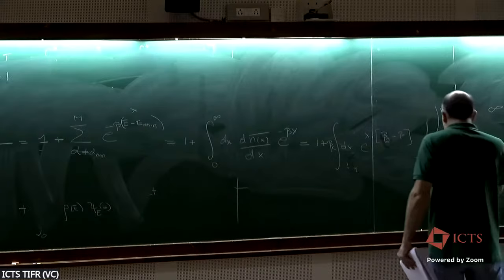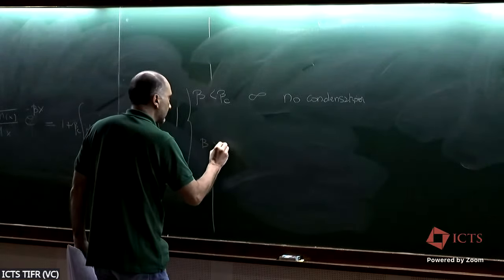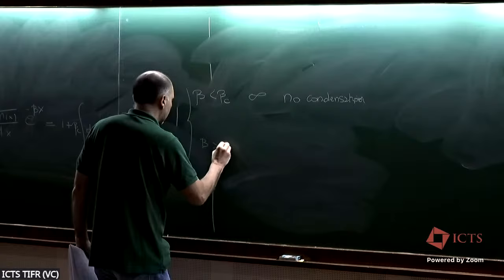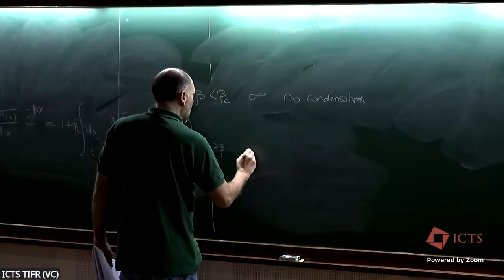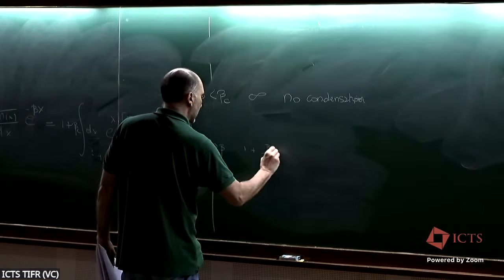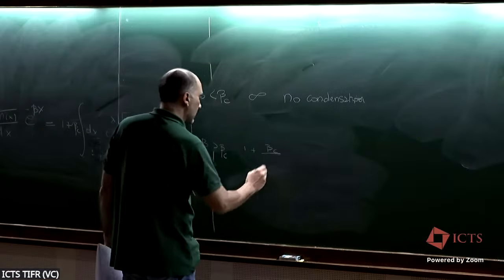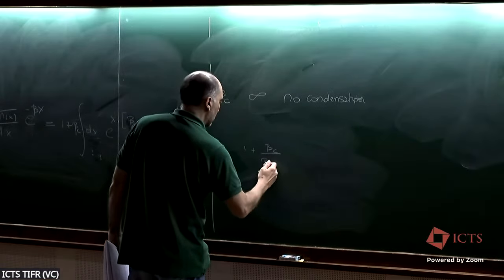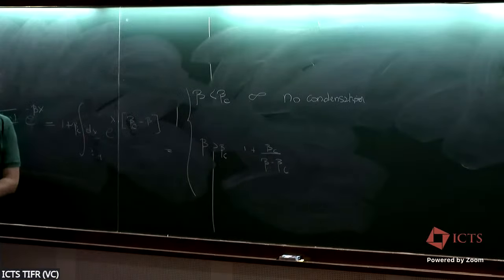Now, for beta bigger than beta c, the result is finite, it is (1 + beta c) divided by (beta - beta c), okay? So it means that only the ground state is a fraction of all the Gibbs measure.